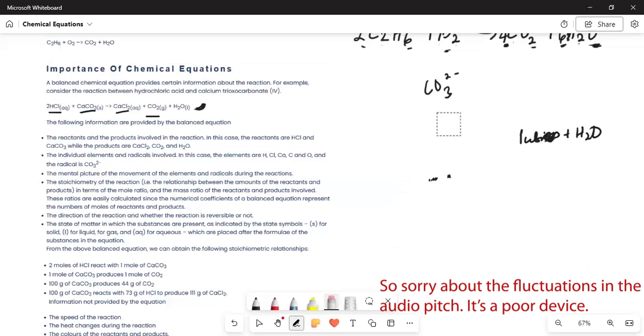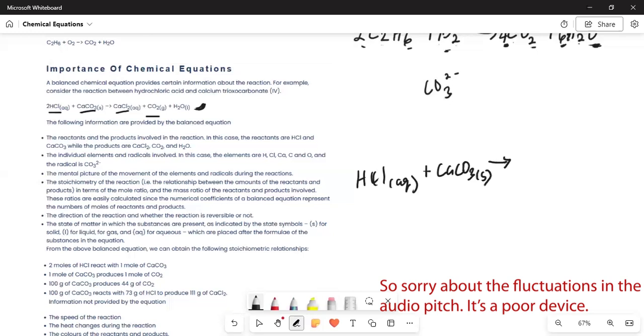So for this reaction that is given to us here, HCl is of course aqueous, diluted with water, plus calcium carbonate. Calcium carbonate is solid, giving us calcium chloride. This is aqueous now, since you already put the solid inside this diluted solution, so whatever is formed within that solution is aqueous.